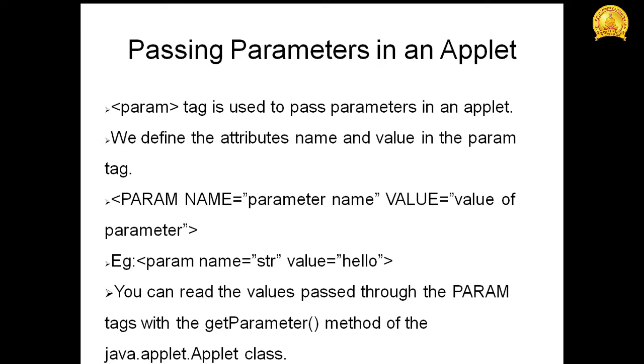So the getParameter method can be used in your Java code to retrieve the parameter. Inside the parentheses of getParameter, you give the name of the parameter. When you call the getParameter method, it will return the value of the parameter.